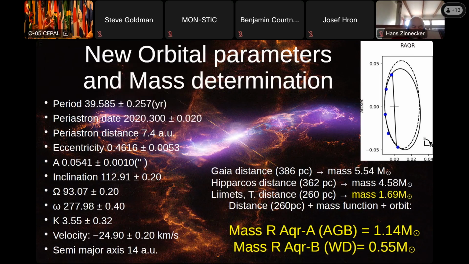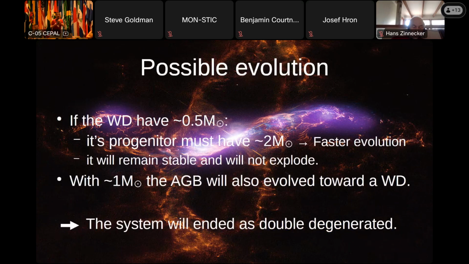From the mass of the system, we can also deduce the mass of the AGB and the white dwarf. That would be 1.14 and 0.55. And this is nice because it's consistent with a white dwarf of 0.5 solar masses. This means that the progenitor of the white dwarf should have had something like 2 solar masses, so it had faster evolution.